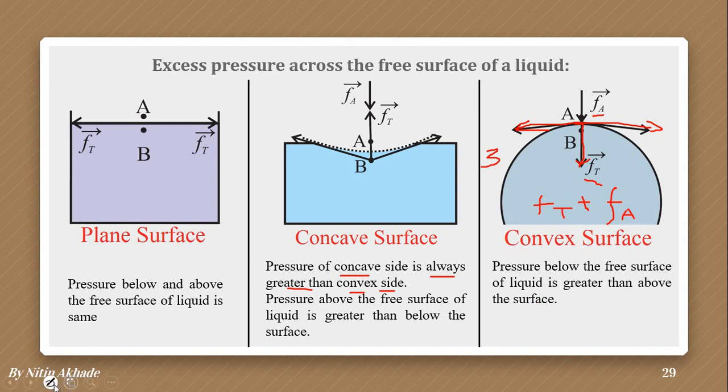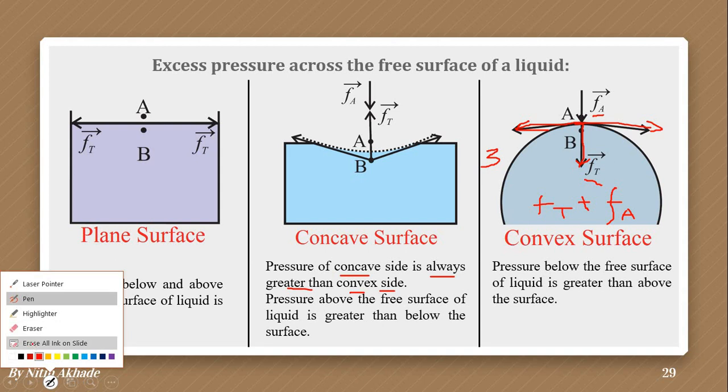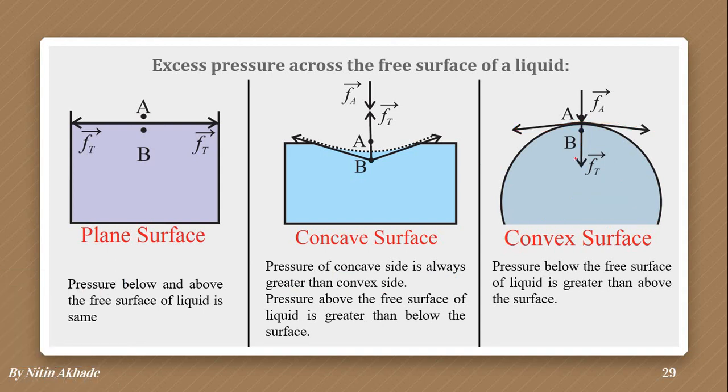So easily we can write the pressure on the concave side. If you consider particle B on the concave side and particle A on the convex side, the pressure along the concave side has the larger value.